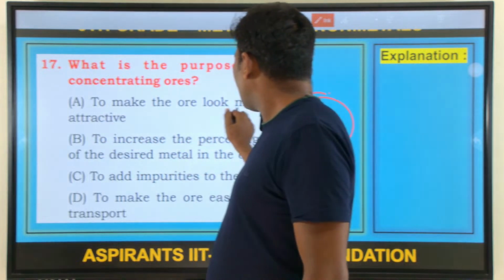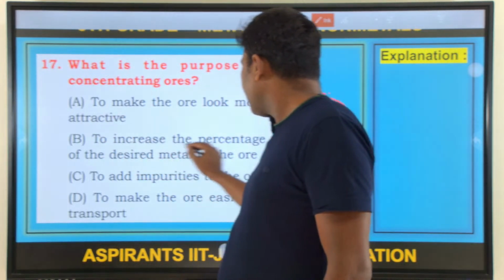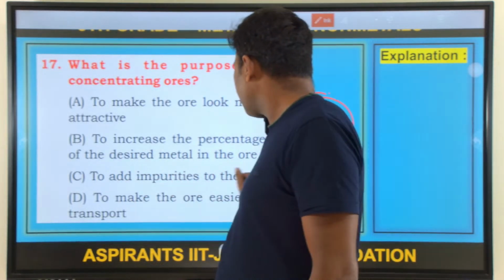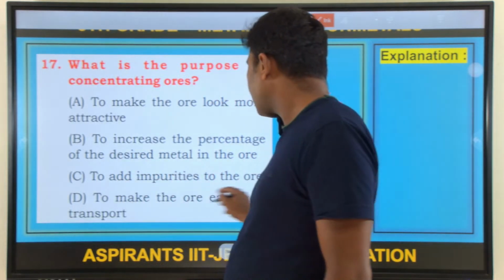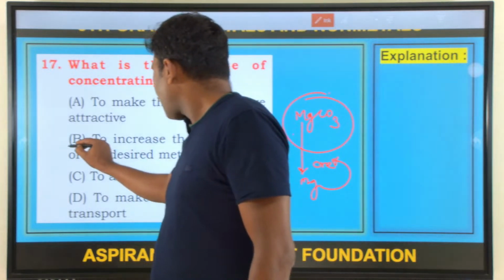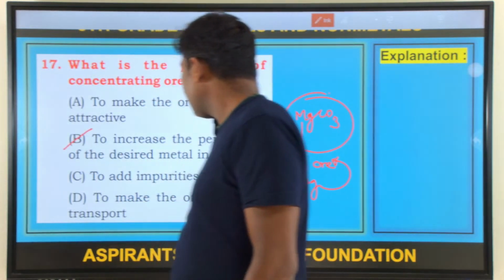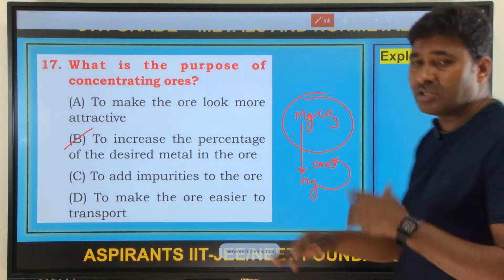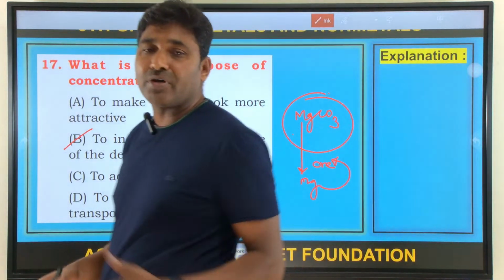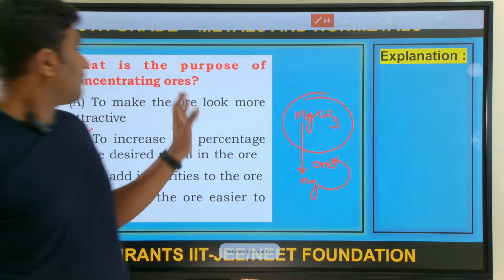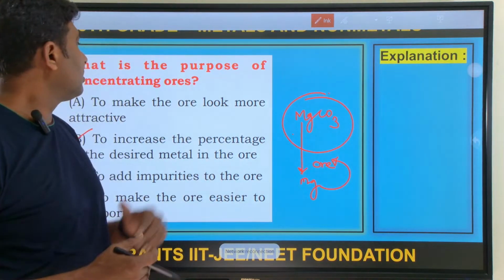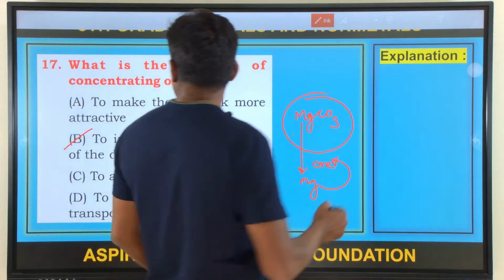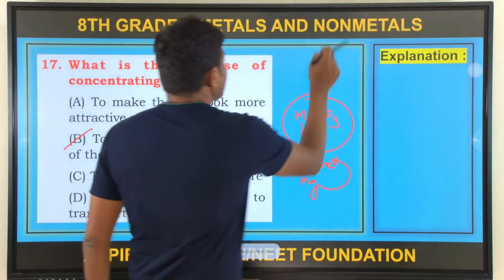To make the ore look more attractive, to increase the percentage of the desired metal in the ore, to add impurities to the ore, or to make the ore easier to transport. So our option is D, to increase the percentage of the desired metal in the ore. Why? Because we are removing the external impurities from the ore by following the concentrating methods. So that is the correct option. Now we go to the next question.